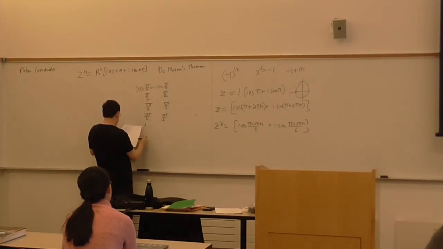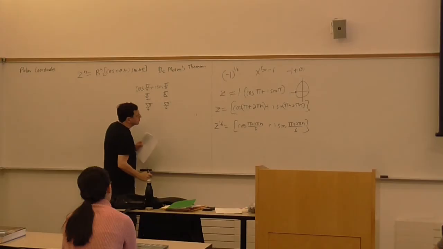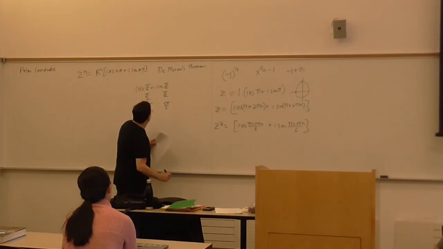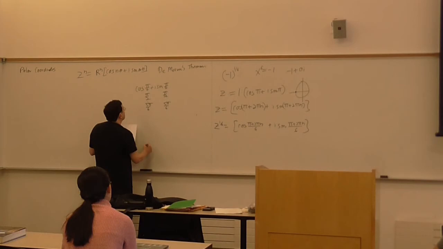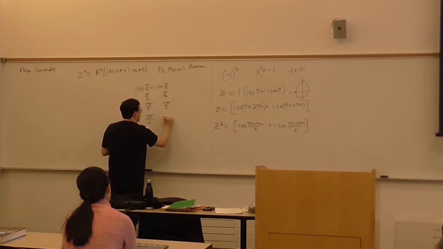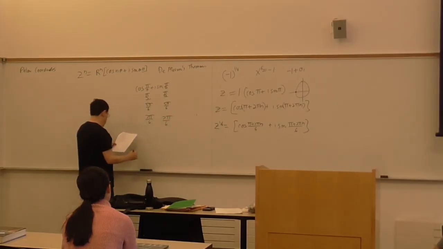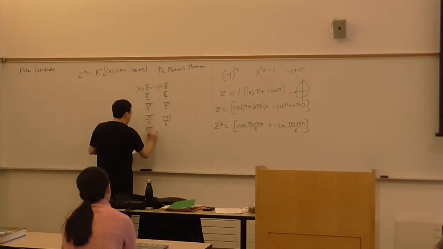Did I miss one? No, that's not right. 1, 3, 5, 7 pi over 6. And then 9 pi over 6 is 3 pi over 2. And finally 11 pi over 6.